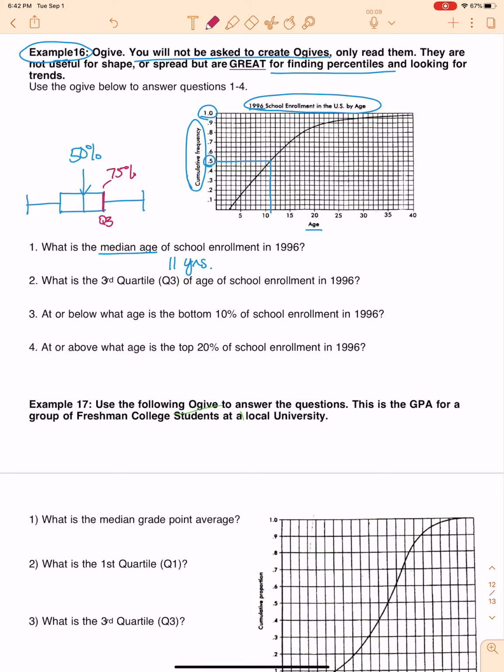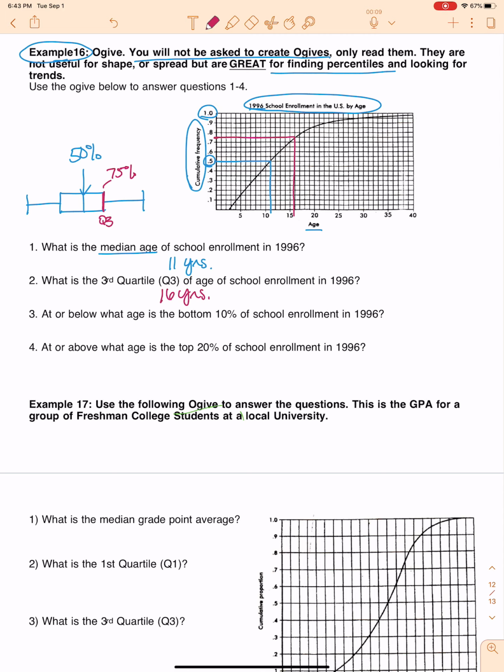So again, I'm going to go up here on the left. Please make note of the fact that we jump from 0.7 to 0.8 in our labeling, but the 0.75 would be right here. So I'm going to draw this all the way over to the graph, and then I'm going to drop it down just like that. That would be age 16 years. Look at us. We're cooking with gas now.